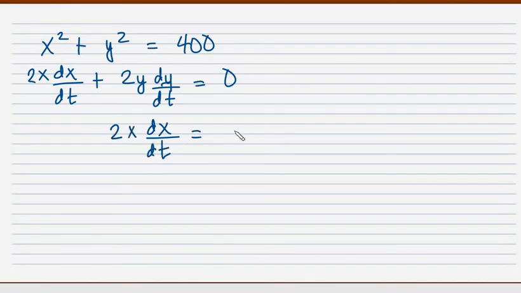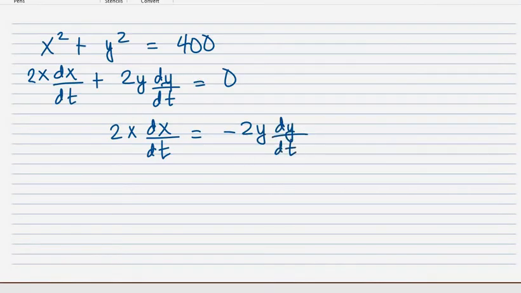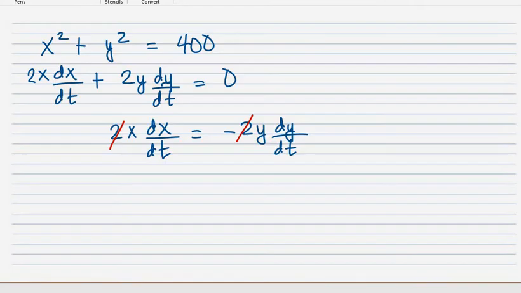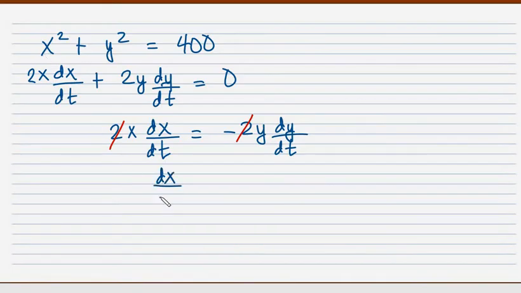So 2x dx/dt plus 2y dy/dt equals 0. Transpose to the other side. We can cancel out 2. And finally, derivative of x with respect to t will now be equal to negative y over x times derivative of y with respect to t.